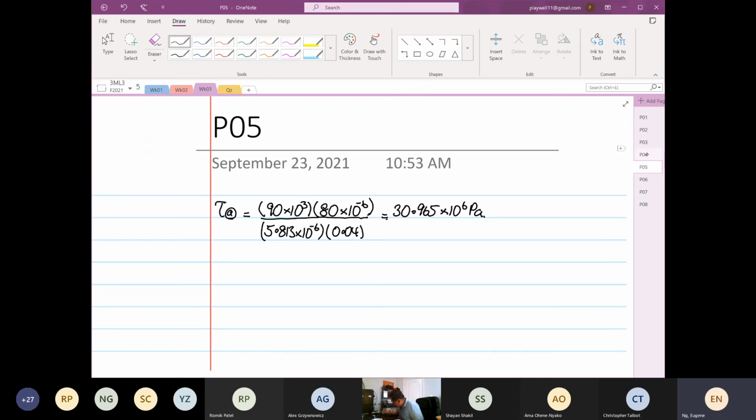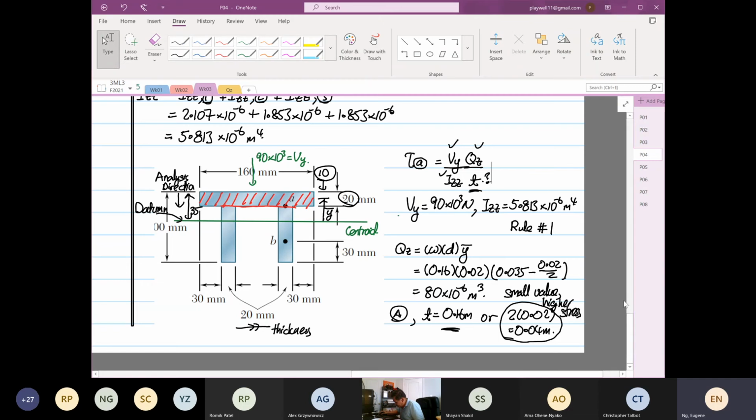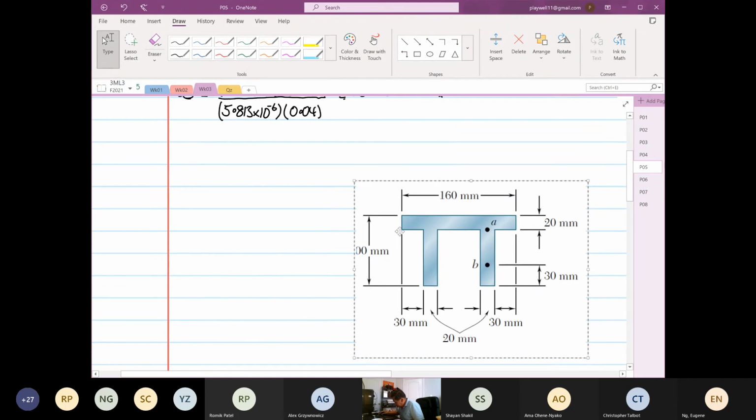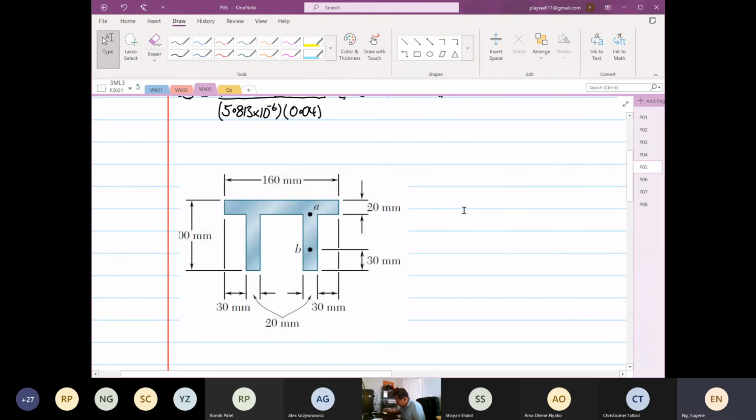Okay, so I'm going to go back to here. I'm going to take the diagram again. We're going to find the shear stress at point B. Okay, now we also know the centroid.